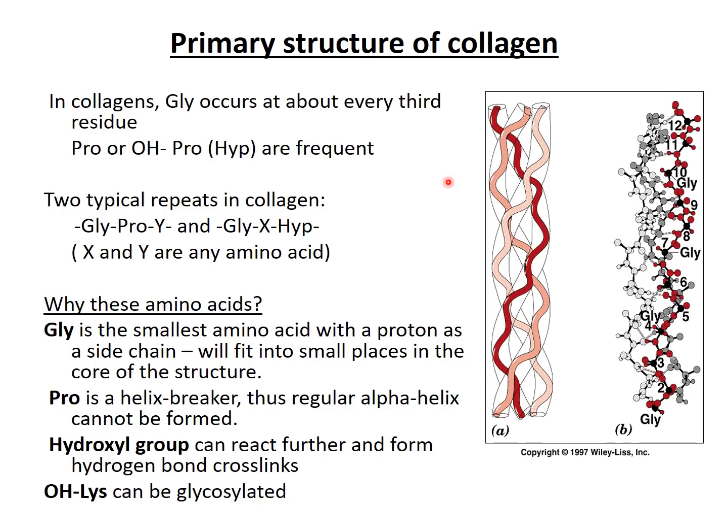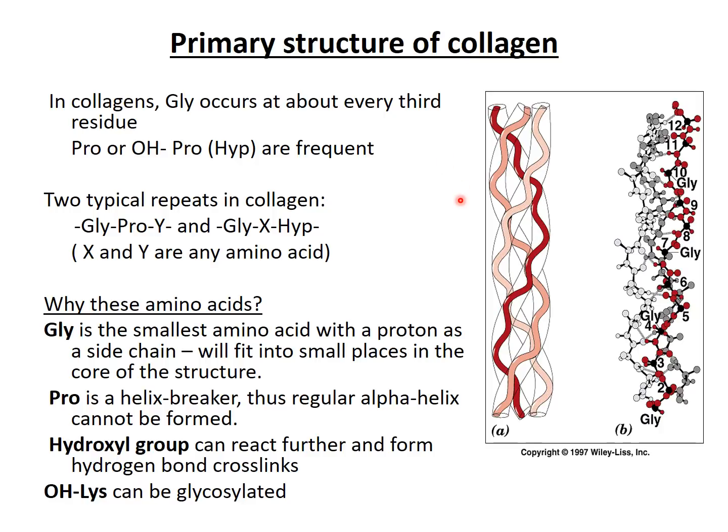So what is the primary structure of the collagen? The primary structure of the collagen is actually a helical form. One of these three helices, which build the tertiary structure of the collagen, is called a polyproline 2 helix.